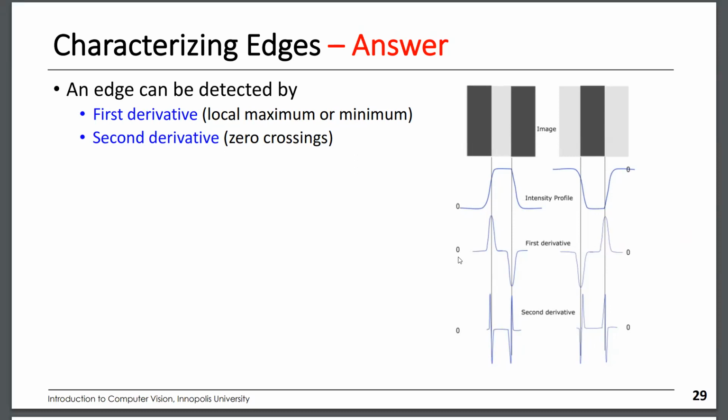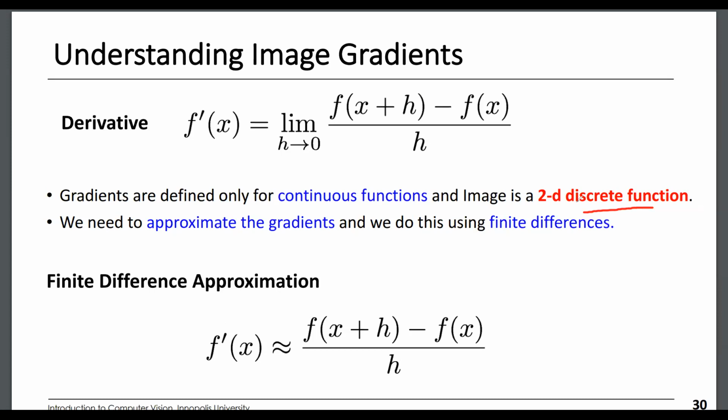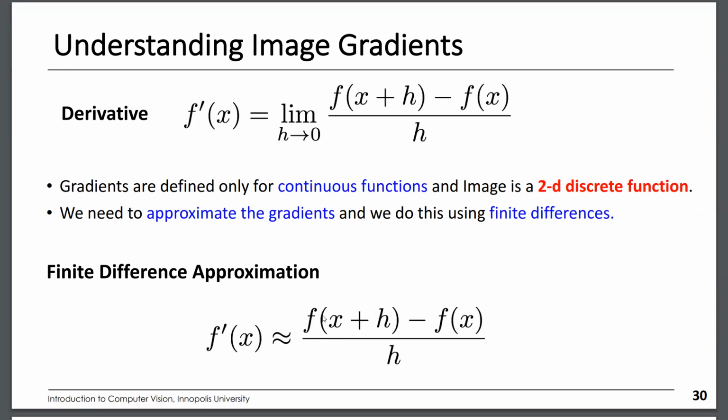A very important question would be, we don't have continuous functions, right? This is how you calculate derivatives in continuous functions. But for us, we have a discrete function, and even worse, a 2D discrete function. For that, there is an approximation for gradients, which is a very similar function.